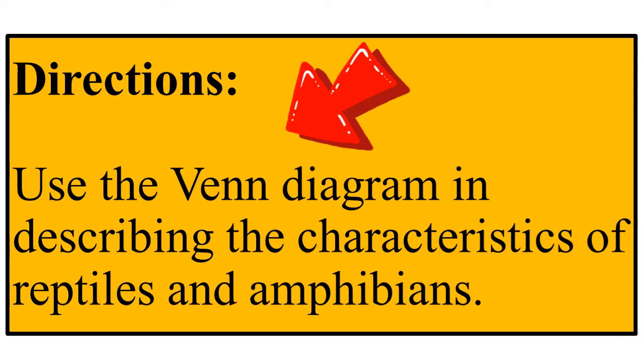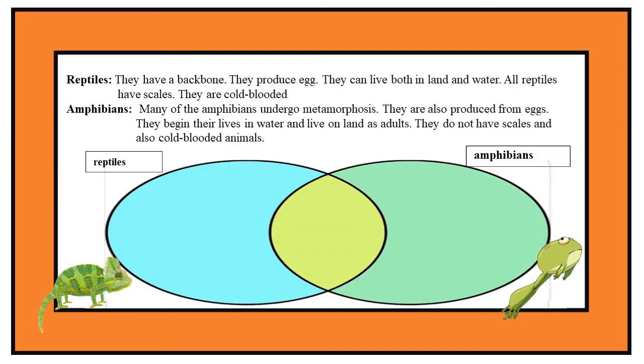Directions: Use the Venn diagram in describing the characteristics of reptiles and amphibians. These are the characteristics of reptiles and amphibians. Reptiles: they have a backbone. They produce eggs. They can live both on land and in water. All reptiles have scales, and they are cold-blooded.